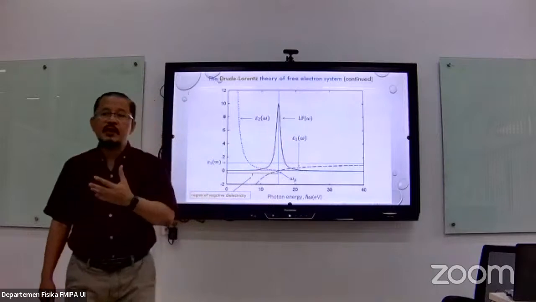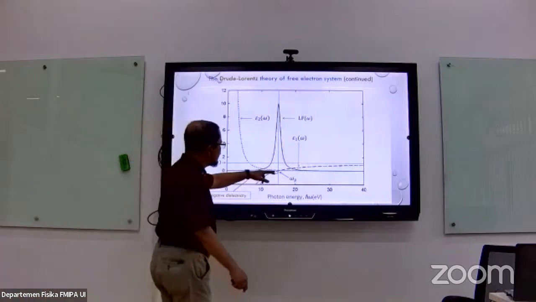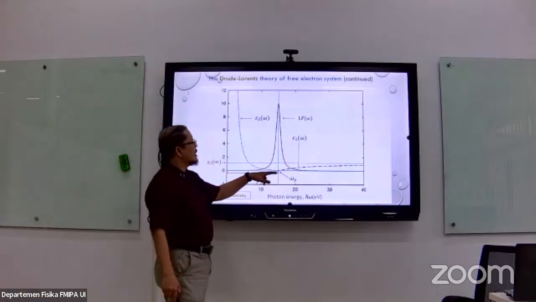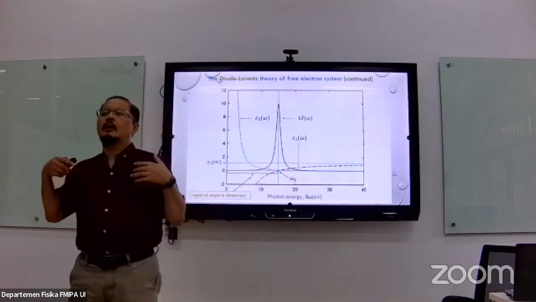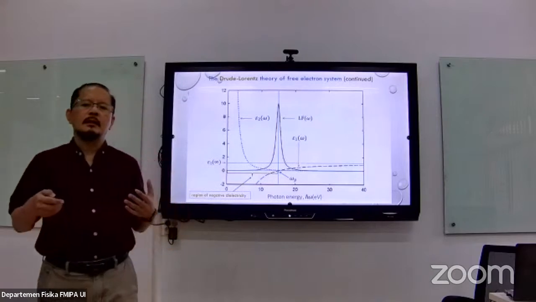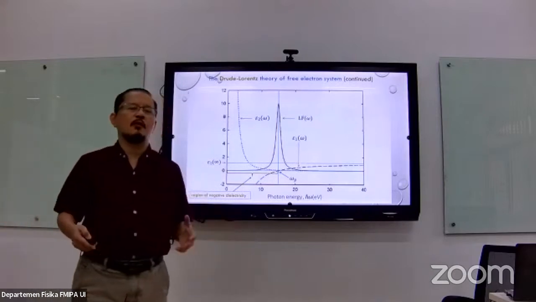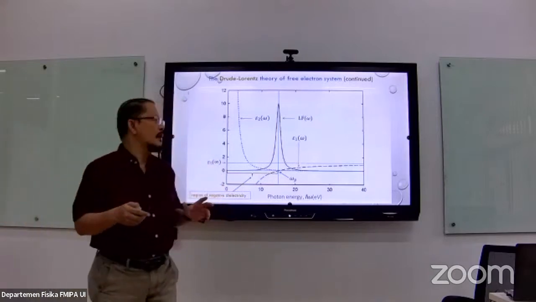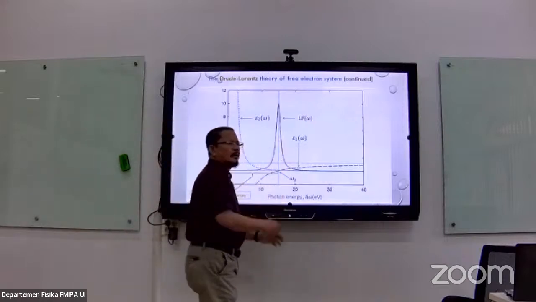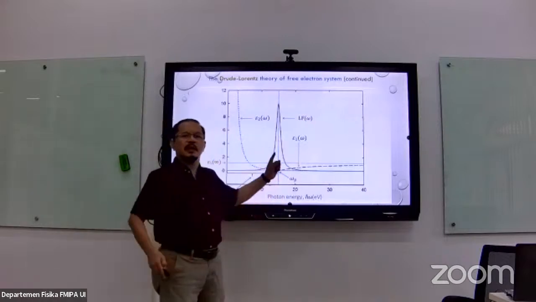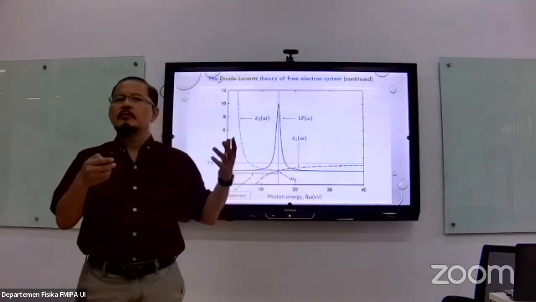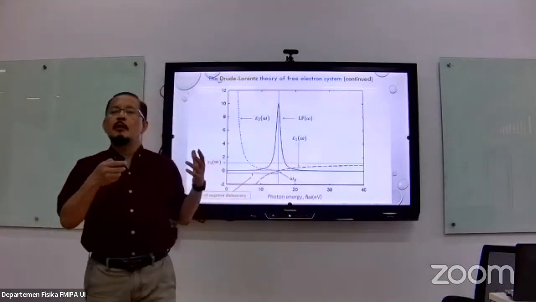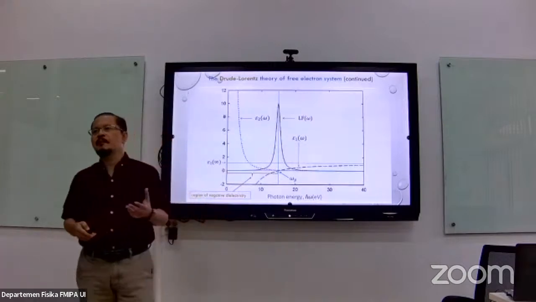Conventionally, these two quantities, epsilon 1 and the loss function, both characterize the presence of plasmons. Whenever we see the two quantities behave like this, we say that we have plasmons, especially what we call bulk plasmons.